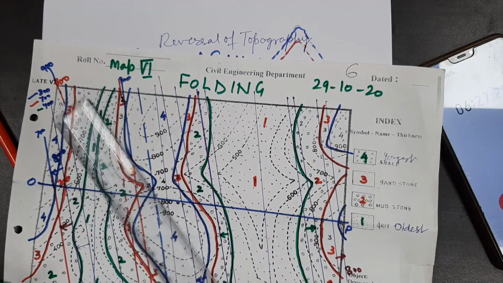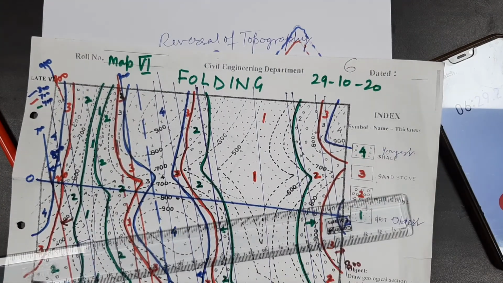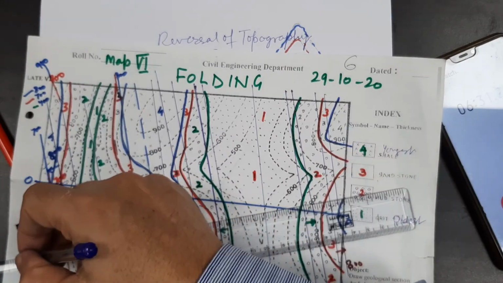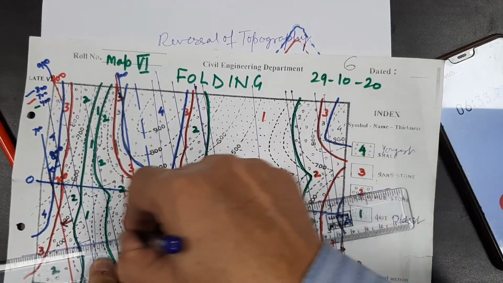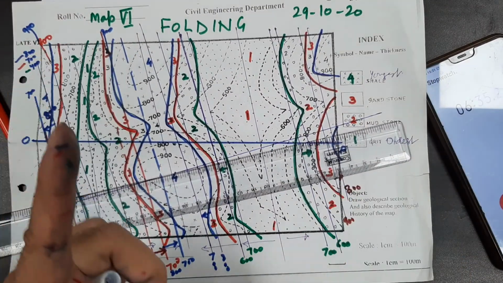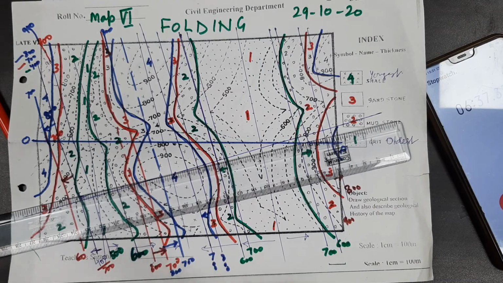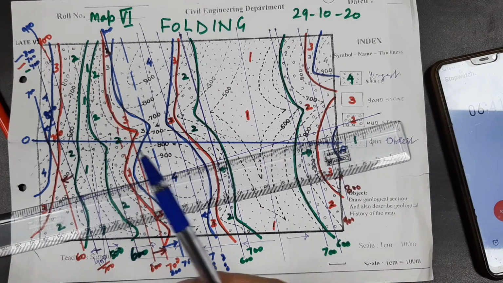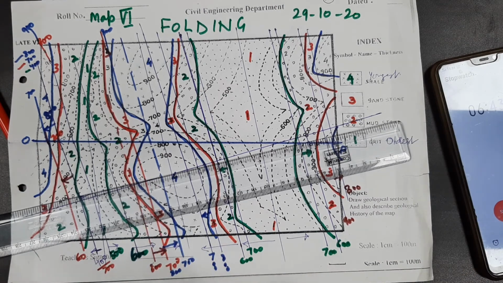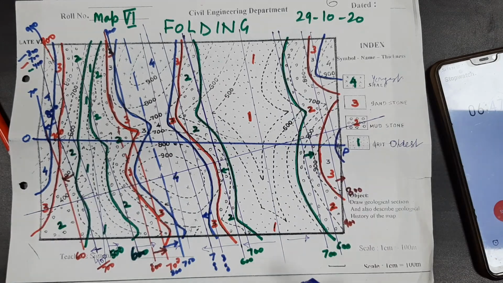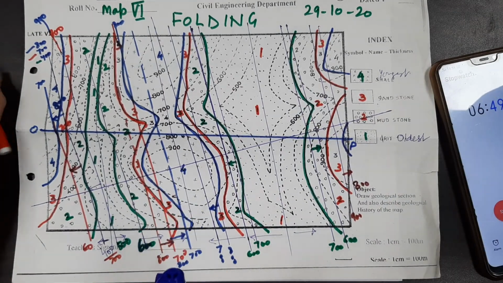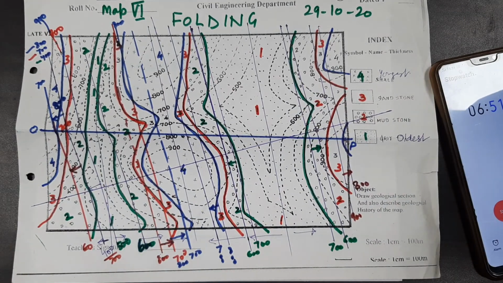You can also try to solve this map perpendicular to the strike line to get the true dip also. Okay. So play with this map, try to solve it from different angles and you will learn more and more as you draw more and more sections. So that's all for this map which was related to the folding of the rocks. I will upload it and then you will be able to understand it. Thank you.